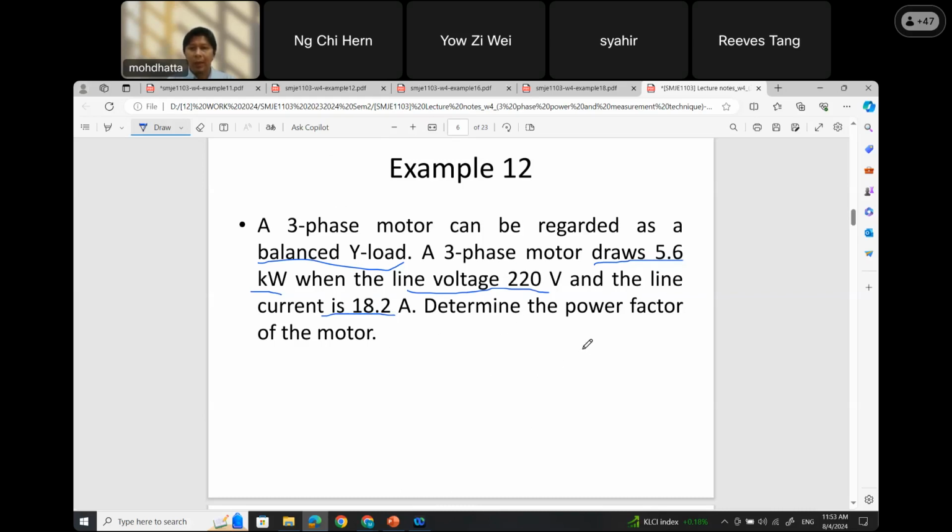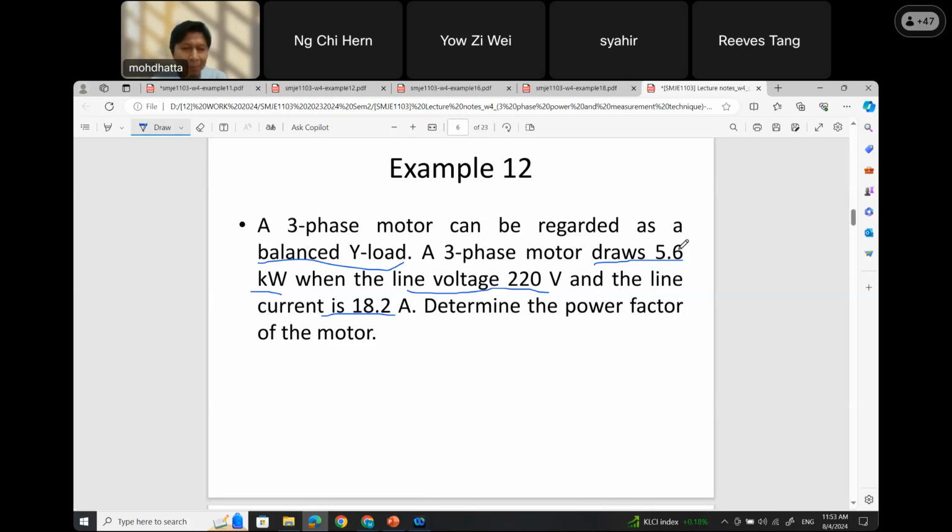Maybe this is the first time you saw this. If it is mentioned like this, a three-phase motor draws 5.6 kilowatt, there's no information saying it draws 5.6 kilowatt per phase.